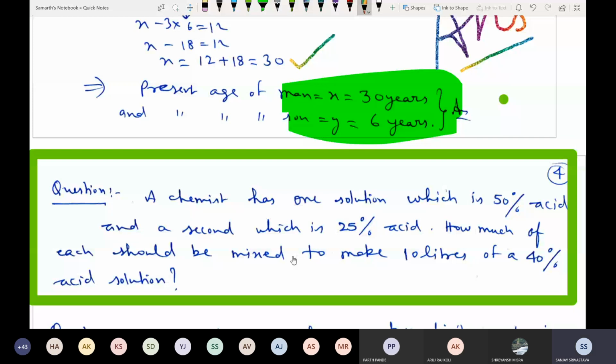Anyone has framed the equations? Just tell me. Show me on the screen.